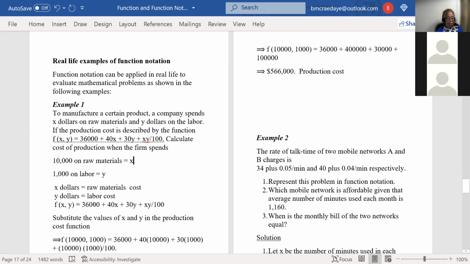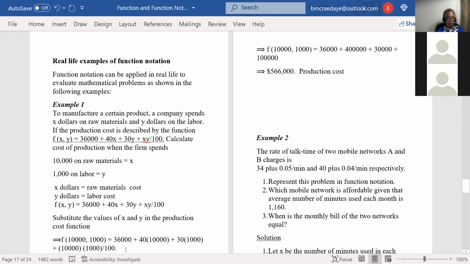So now in our function, we have the 36,000 a constant, 40 times X. X was the 10,000. So we substitute for X 10,000, which is what we have right here. 30 times Y was the labor cost, which is 1,000. That's why we have 30 times 1,000. Now, X times Y divided by 100 would be the 10,000 for the X times 1,000 divided by 100.